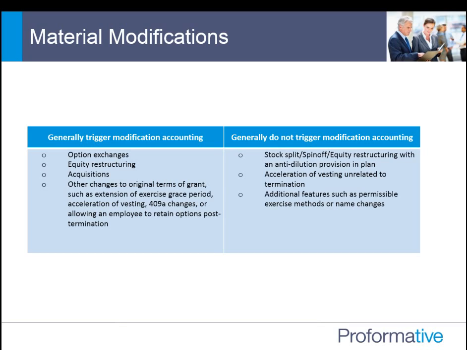So we had to cancel our grants and then re-grant them as a workaround, and it was quite painful, and it still continues to cause us problems with those grants. So it definitely is good to have a system that allows you to do modification accounting.